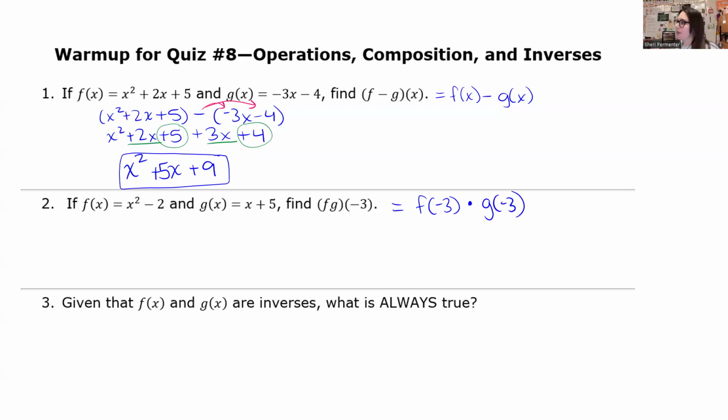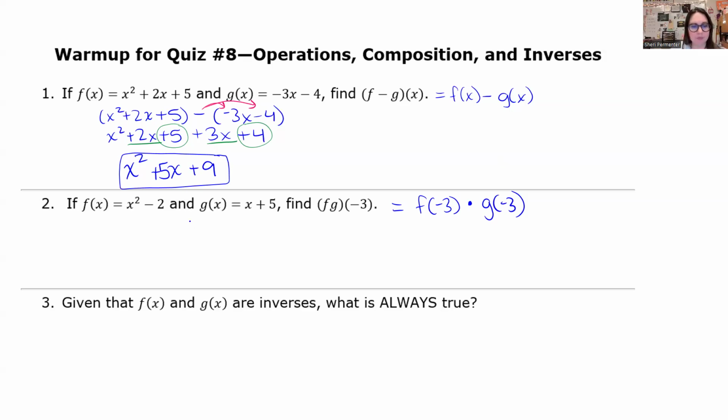And whatever value we get for those, we multiply it together. So I think it might be easier for us to figure out, we're going to plug in negative 3 to the x for f of x, and we're going to plug in negative 3 to the x for g of x. Let's figure out what each one of these are, and then whatever that value is, let's multiply them.